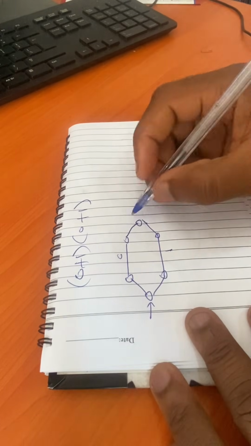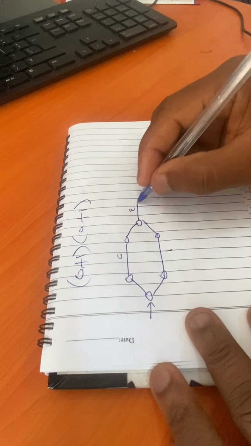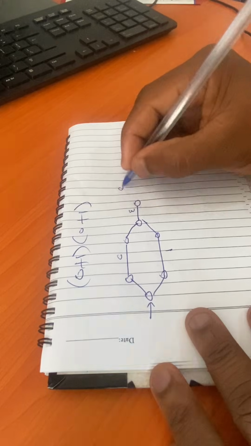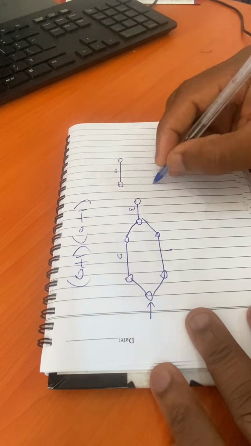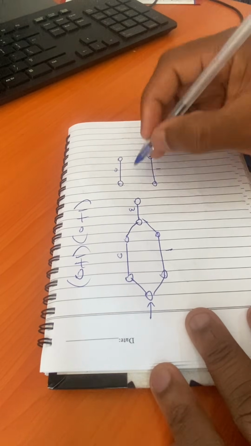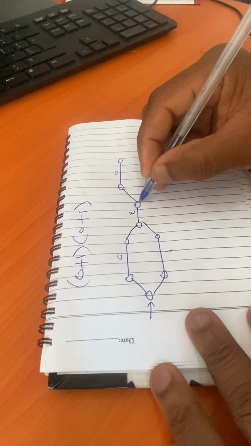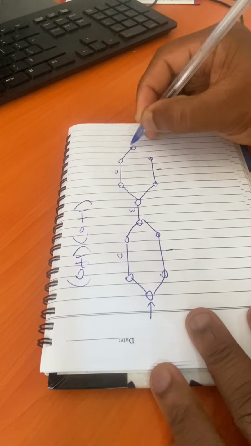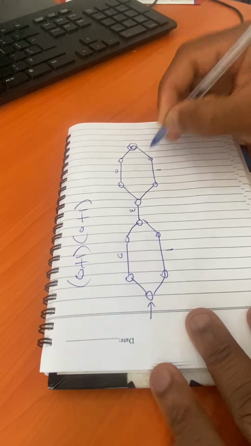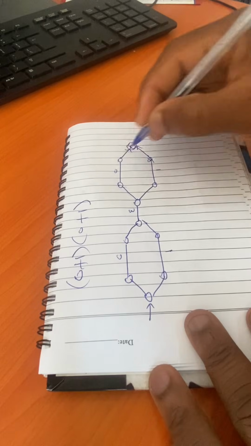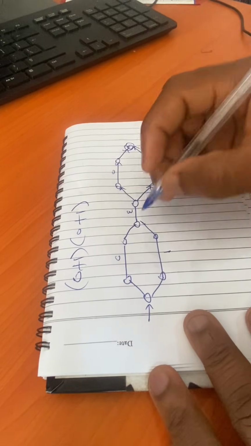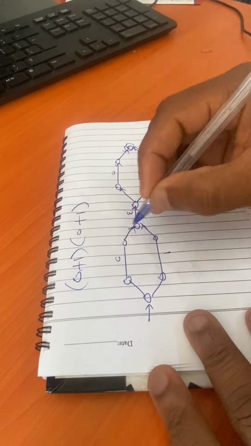Then we concatenate it with another 0 plus 1: this 0, this 1. So this becomes our accept state. Then bring the arrows to show our direction.